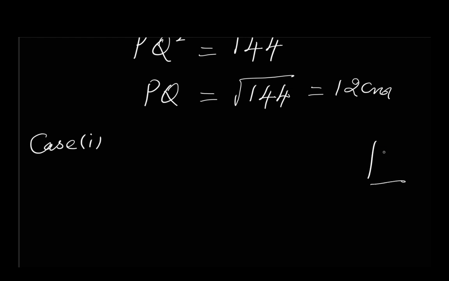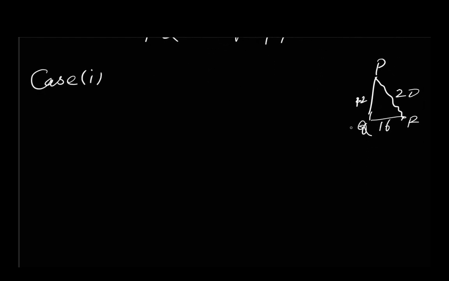We give the rotation about this side, 12 centimeter, and this is 20, in triangle PQR. So this base 16 centimeter becomes the circle, that is your radius, 16. And then the slant height L is our 20 centimeter hypotenuse.